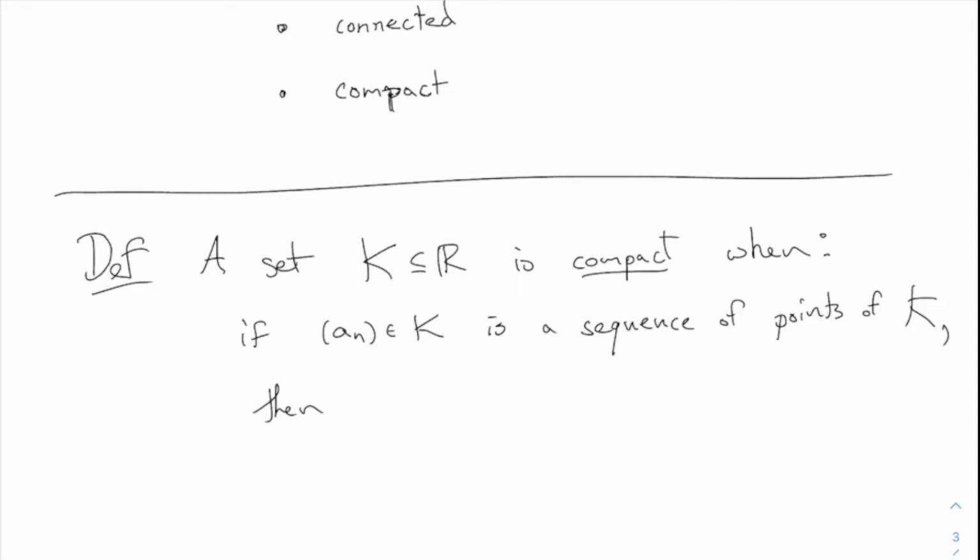It's basically never true that any sequence in your set converges, because you can always do something like 1, minus 1, 1, minus 1. No matter what the set is, you can alternate two values and that won't converge. So the best you can say is that any sequence of points in K has a convergent subsequence.